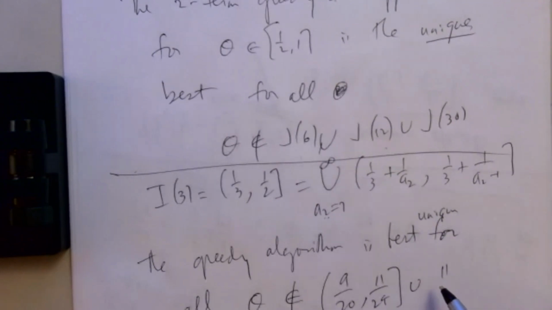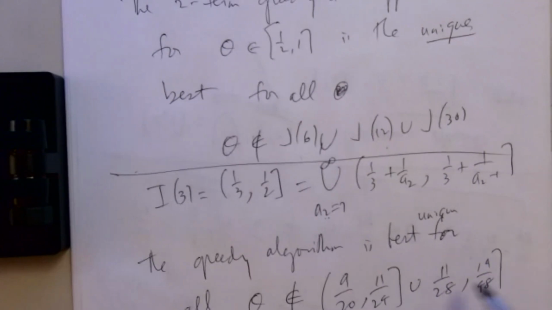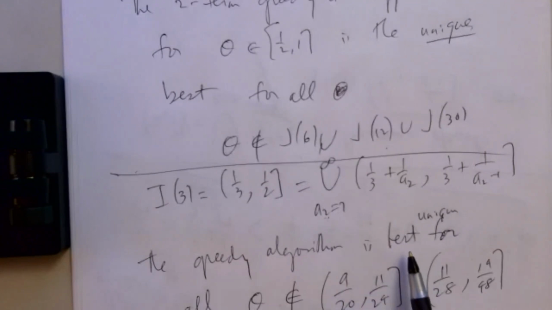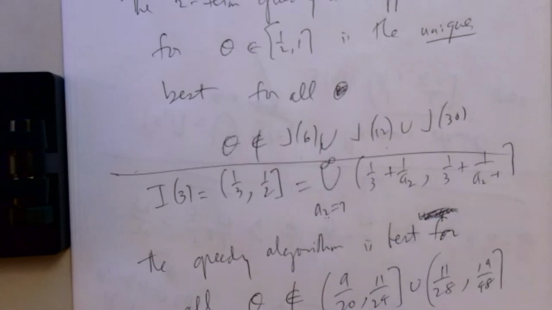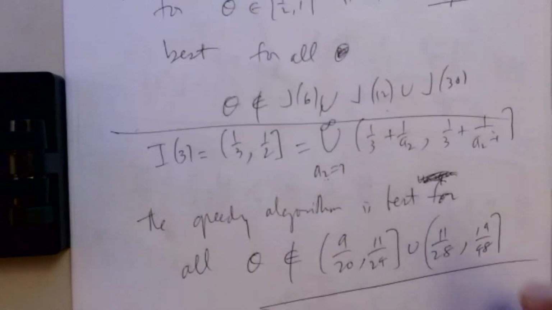And the interval from 11 over 28 to 19 over 48. All right. Sorry. Yeah, the greedy algorithm is best except in these 2 subintervals.